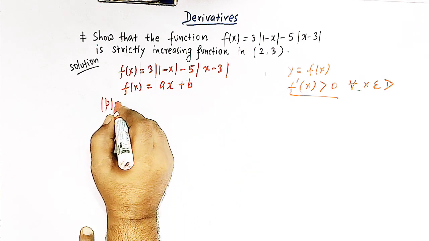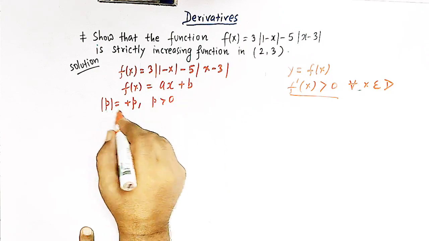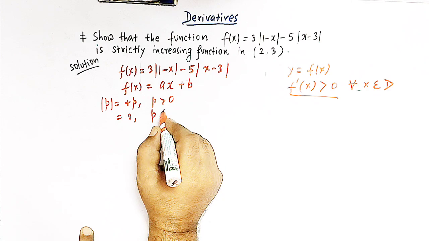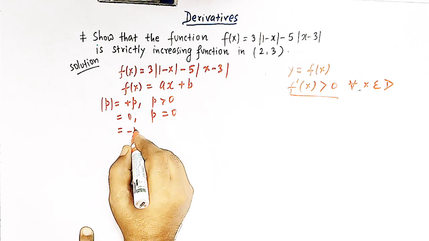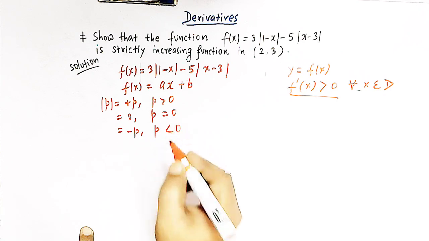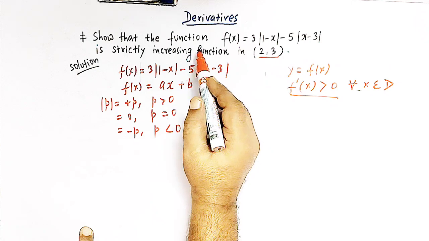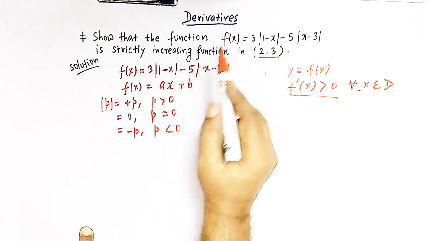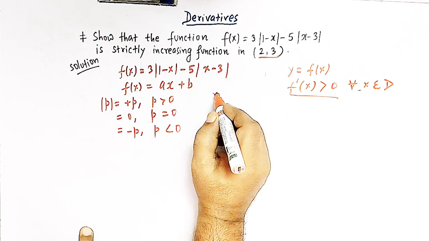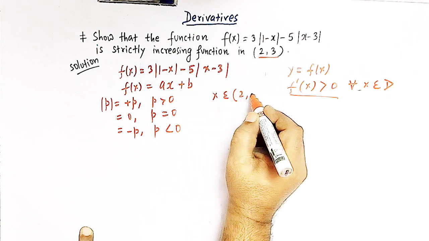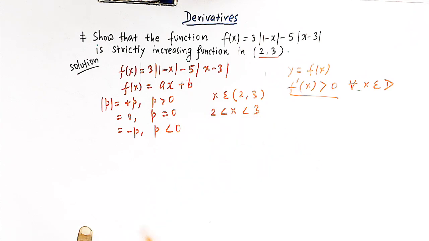Mod of p is defined as positive p whenever p is greater than 0, mod of p is 0 when p is equal to 0, and mod of p is negative p when p is less than 0. Here we are given this interval because we have to prove that this function f of x is strictly increasing when x belongs to 2 comma 3, or we can write x greater than 2 but less than 3.